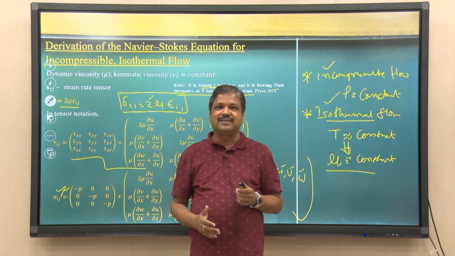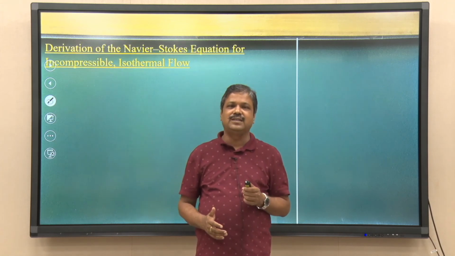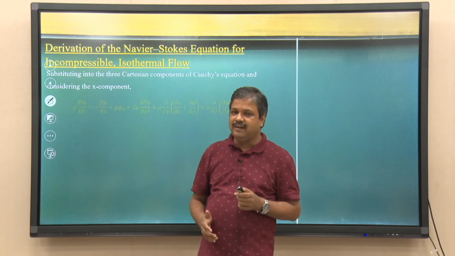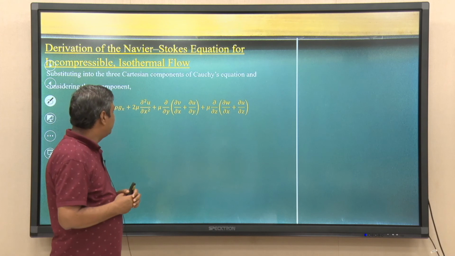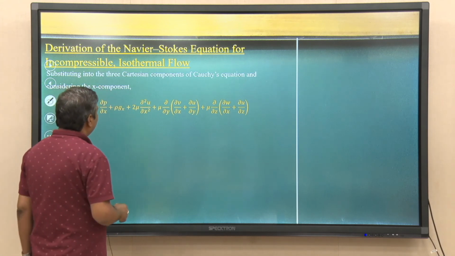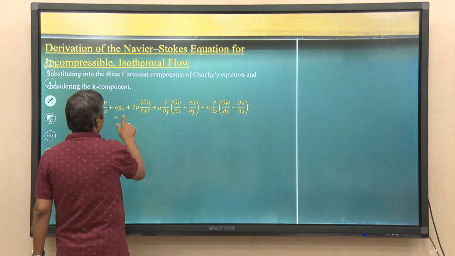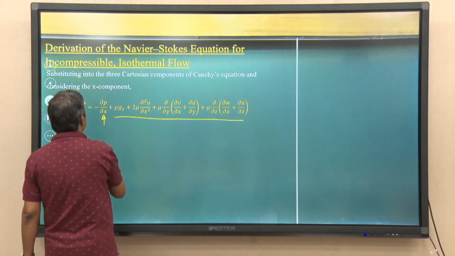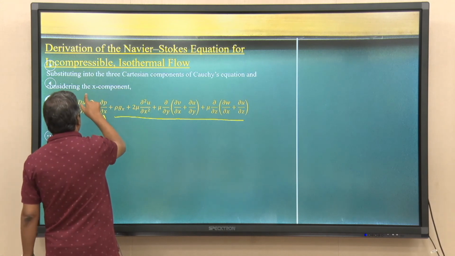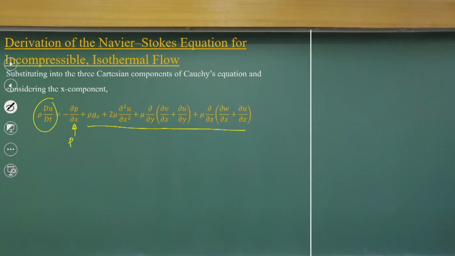If I use this relationship in the basic Cauchy equations, then I am just expanding. This is the pressure component, this is the gravity force component, and these terms are the viscous stress components.